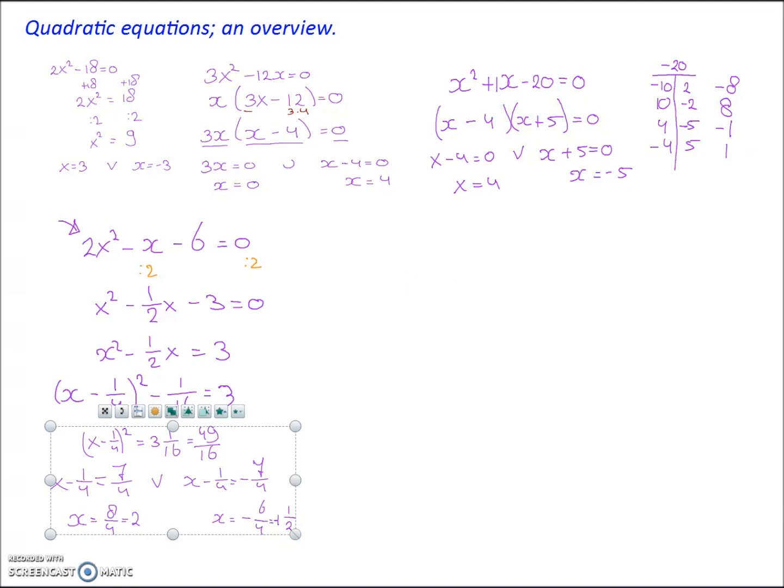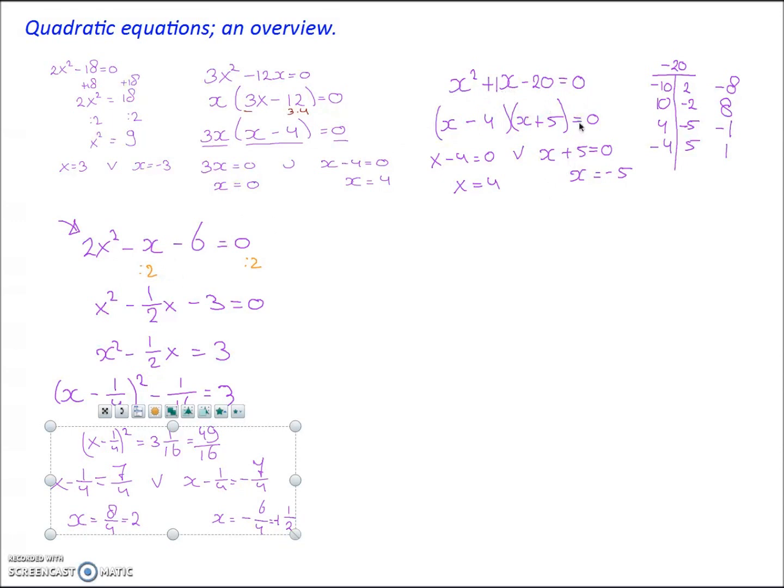Now let's look at a different equation. We have seen basically all four methods. One where you have an x squared in one term and no x in the other term. We have one where there is 3x squared, so an x squared in one term and one x in the other term. We have two with an x squared and x.